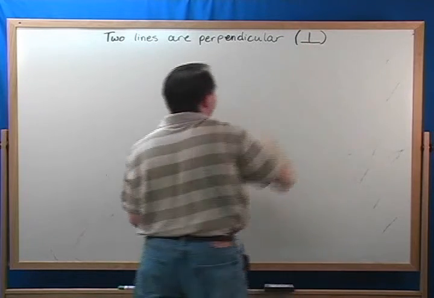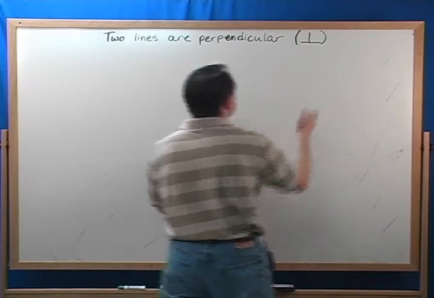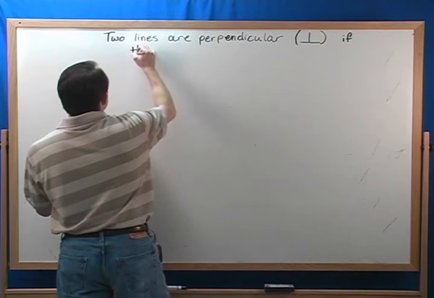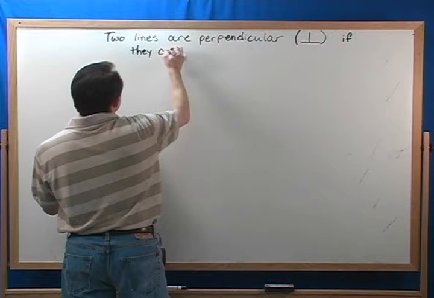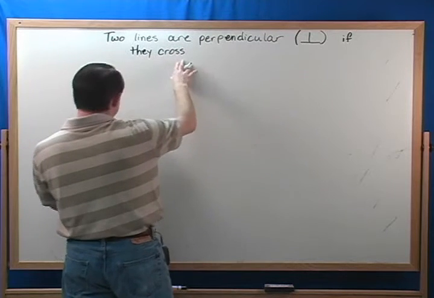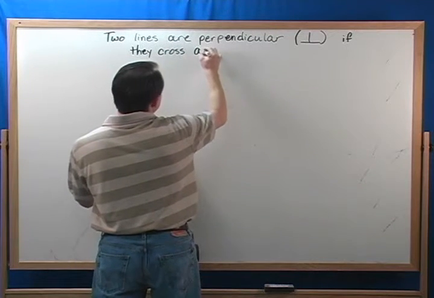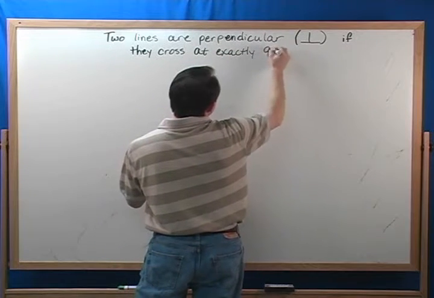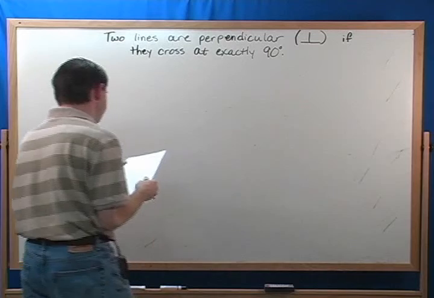That is the symbol for being perpendicular, and we'll talk about why in a second. If they cross or intersect, which is the same thing, at exactly 90 degrees. That's exactly what the definition means, okay?